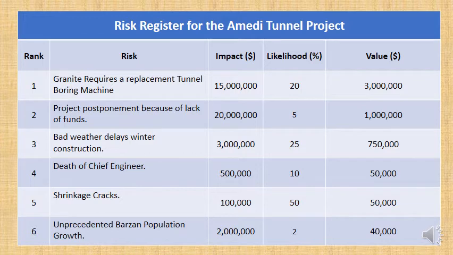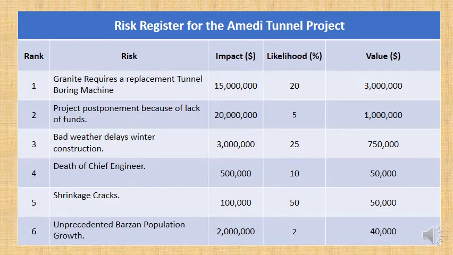It's going to cause a lot of delays, and I've assessed that the impact will be $15 million. That's the impact caused both by the cost overrun of getting a new machine, but also the time delay and the cost of that. And the likelihood of this happening is 20%.